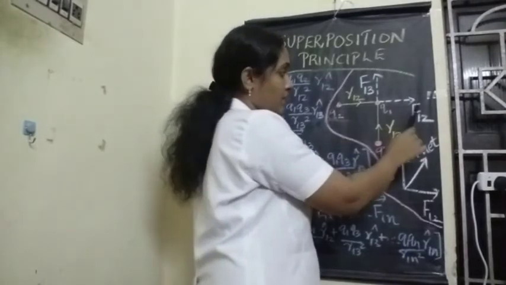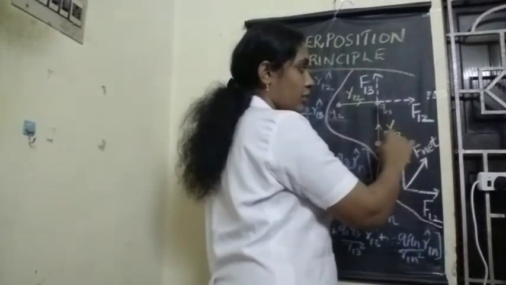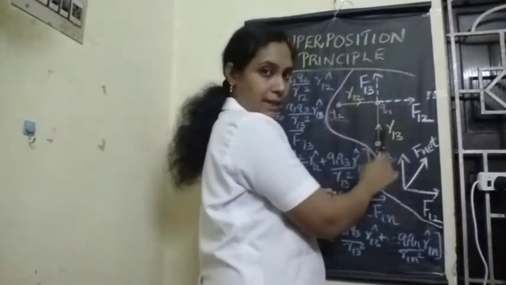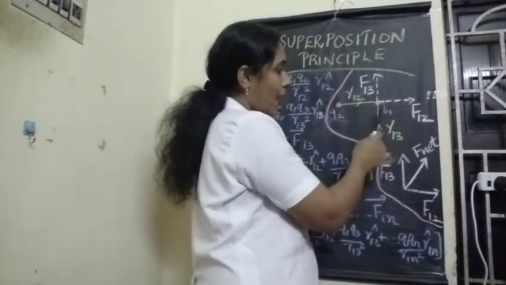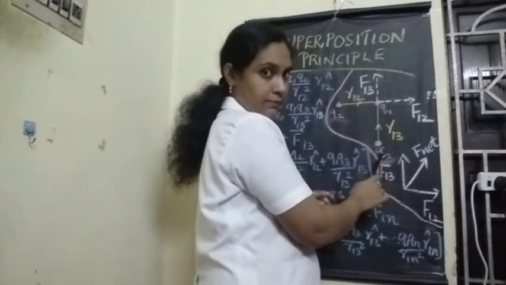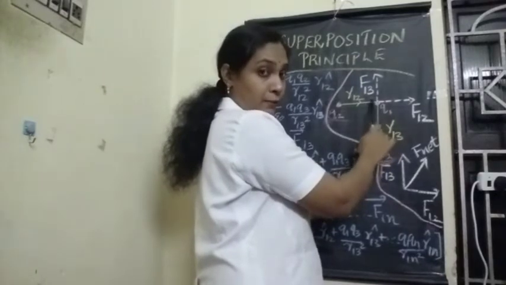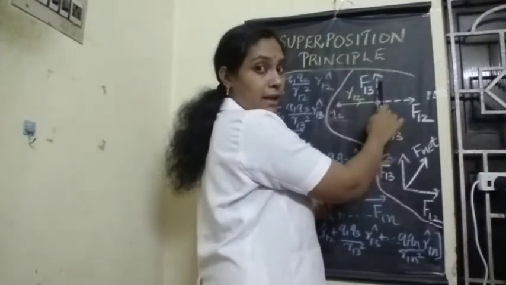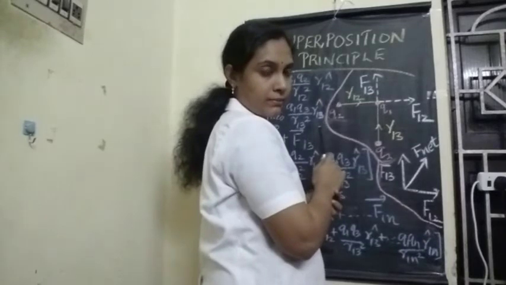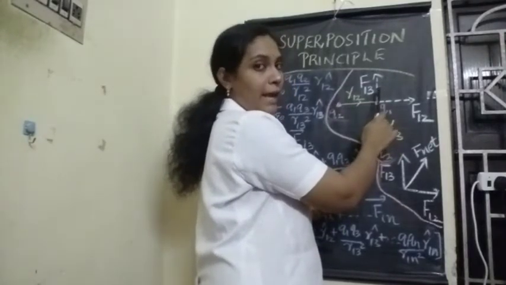That force is represented by F12, and let this be the direction of that force. Similarly, the force acting on charge Q1 due to Q3, let it be F13, and F13 acts along this direction.